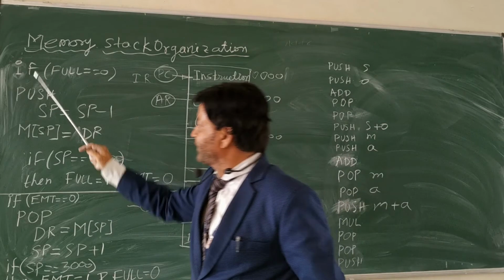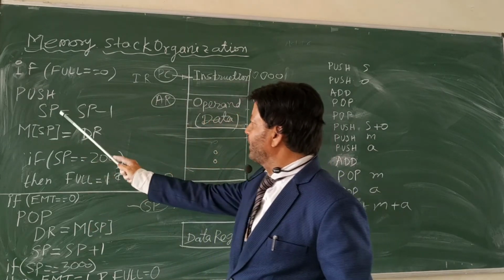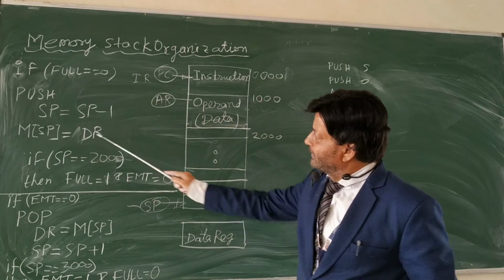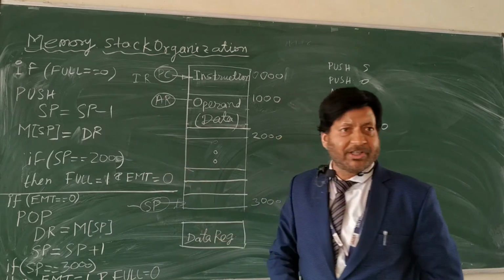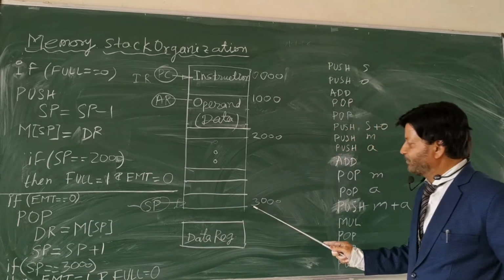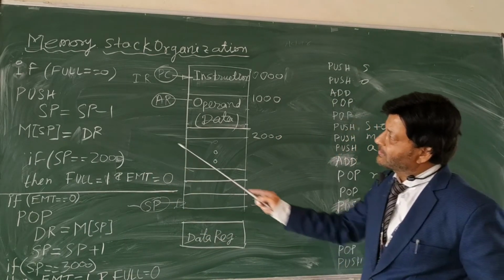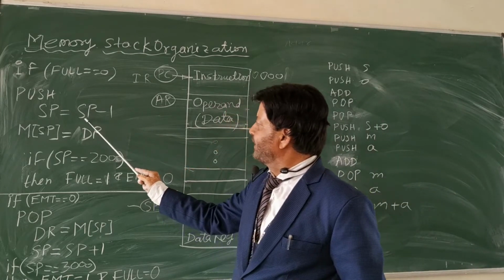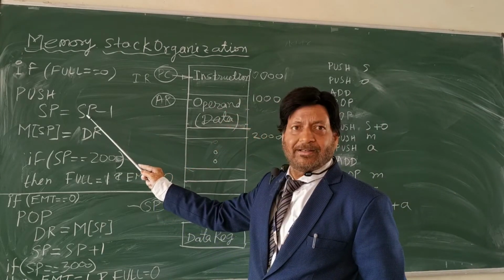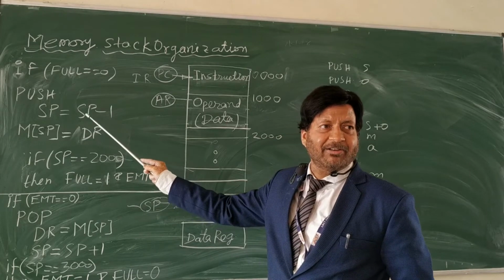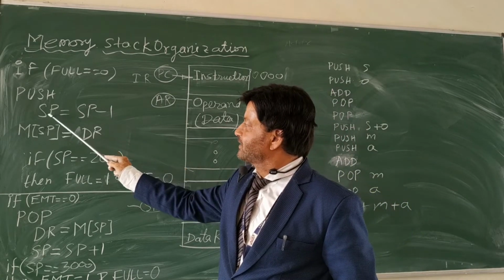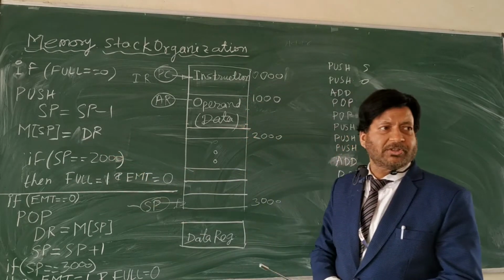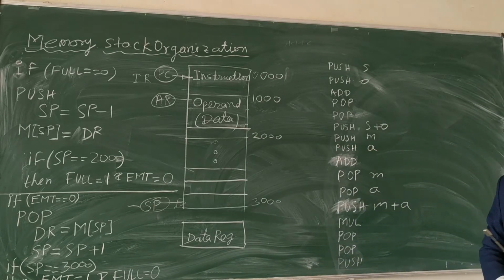So the push operation will be performed, and you will subtract 1 from the stack pointer. What is the value of the stack pointer? The value of the stack pointer is 3000 here. So 3000 will be subtracted by 1, and in the stack pointer 2999 will come.